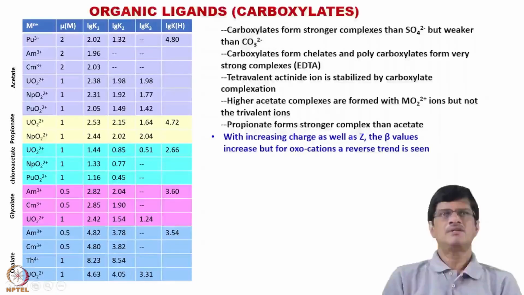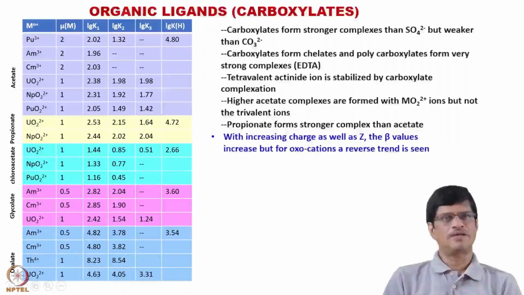I have given some complex formation constants of the actinide ions in this table. You can see here the ionic strength values are given in the second column, and the log K values for the first complex, second complex as well as the third complex formed, the successive complex formation.